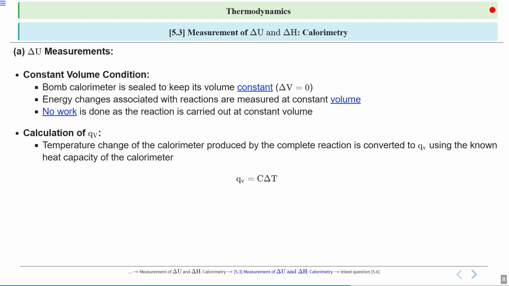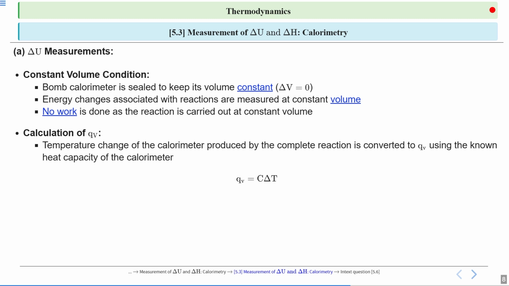It's very simple. I'm telling it again that the heat capacity of the calorimeter, or you can call it the heat capacity of the liquid, both terms can be used in place of each other. Now, how do we calculate QV? Very simple. We know the heat capacity. We know the temperature change from the thermometer of the liquid. You can simply calculate the QV.